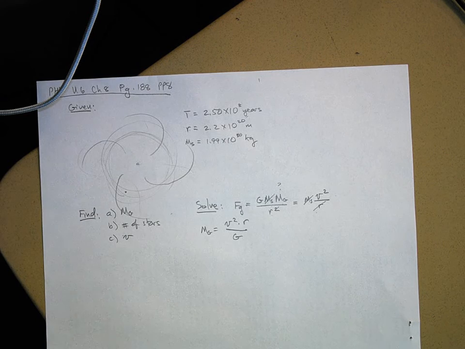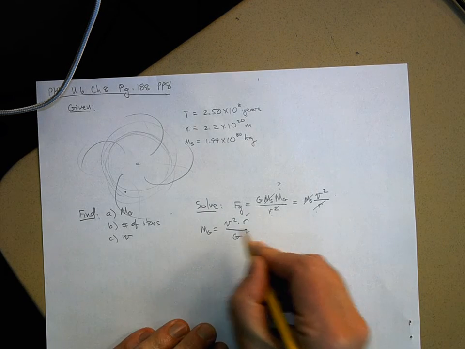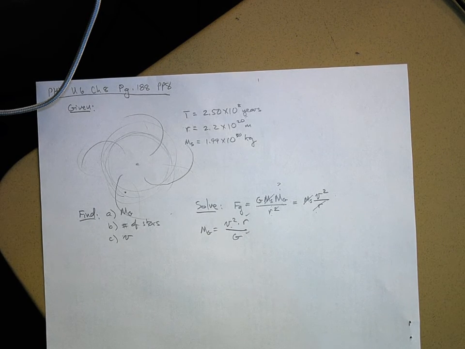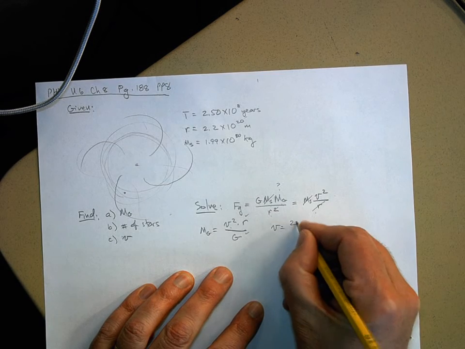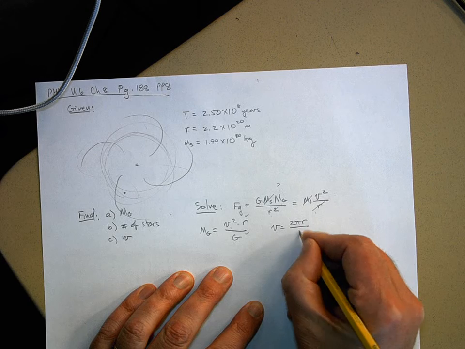So I know this and I know this. Now I need the velocity. This is where I do things differently than what the book does, and I'm sorry, but this way's better. V equals 2 pi r over the period.